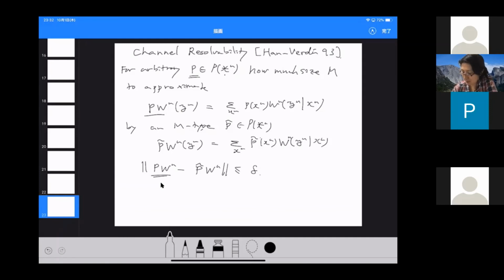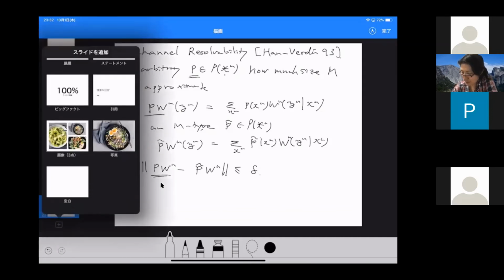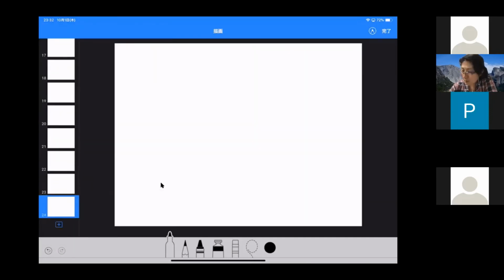Then we can show the following lemma. Lemma star 2.